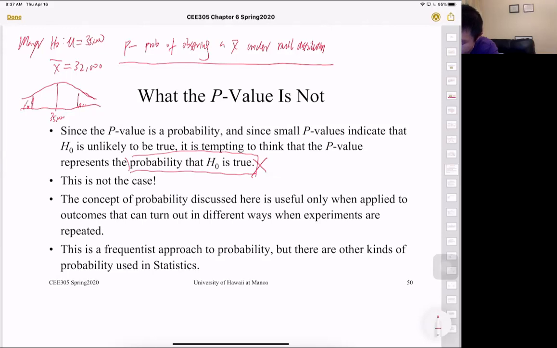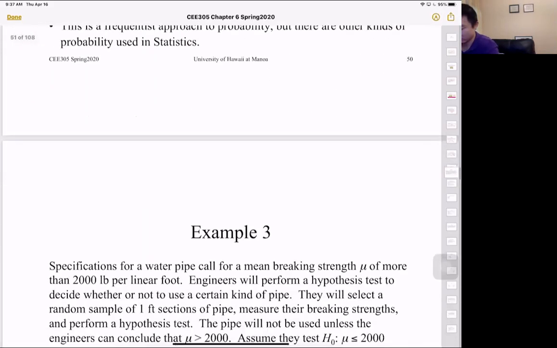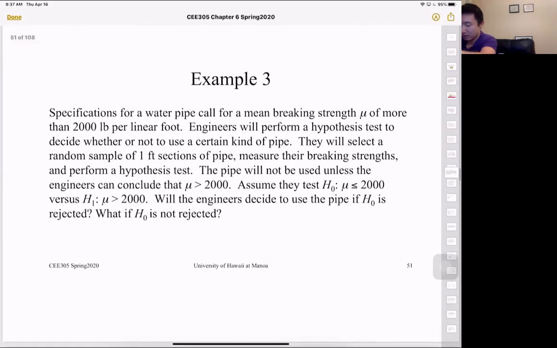So that is what the p-value means. Again, the p-value is not the probability that H0 is true.